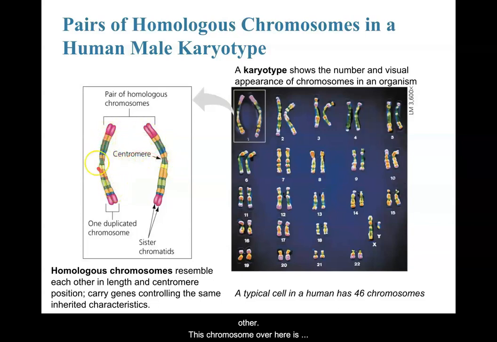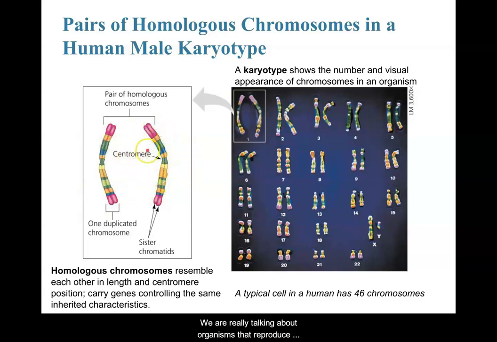This chromosome over here is not the exact replica of this chromosome over here, but it is its partner or its pair. We get homologous chromosomes from our parents. So one of these homologous chromosomes, I'm going to go ahead and say the left one over here, came from my mother, maternal. This chromosome over here came from my father, paternal.